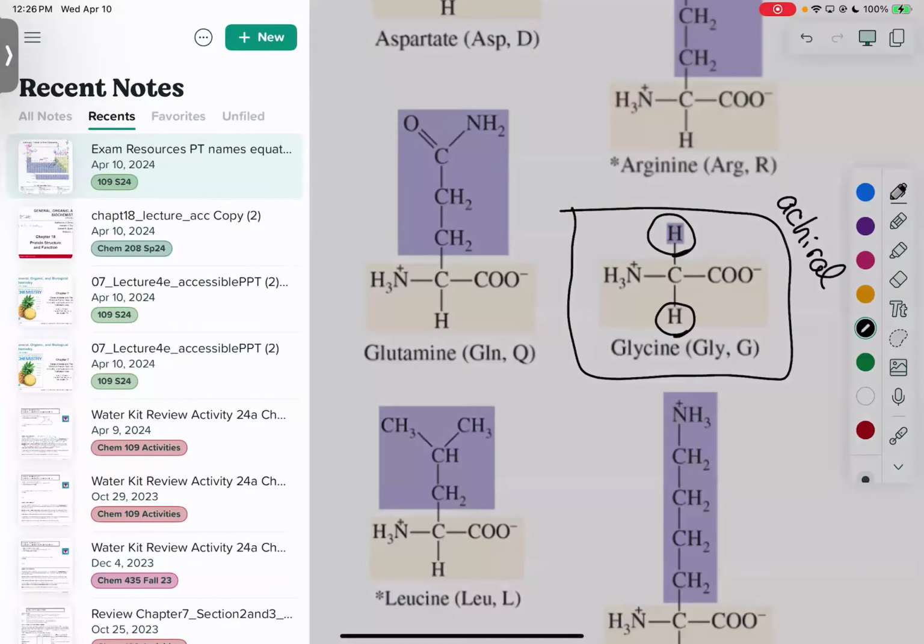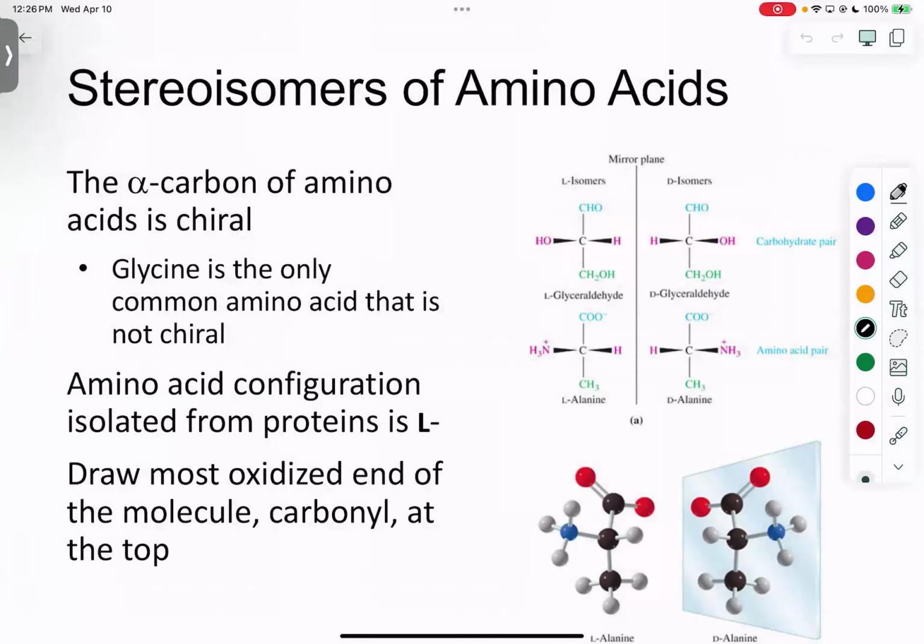So if they're chiral, we know that we can get a D or an L configuration. We know that we metabolize sugars that were D, but we metabolize proteins that are L. It's kind of weird, but it's true.